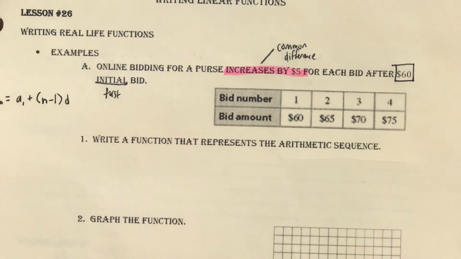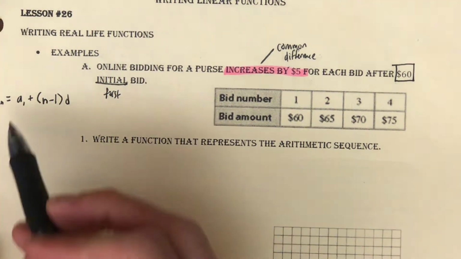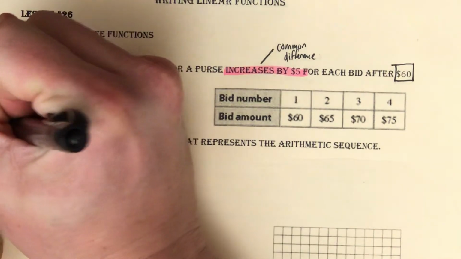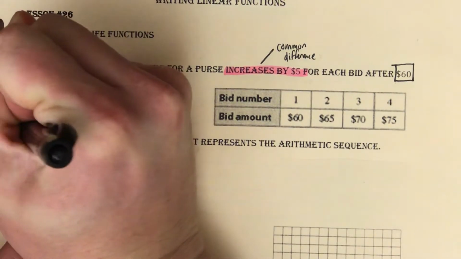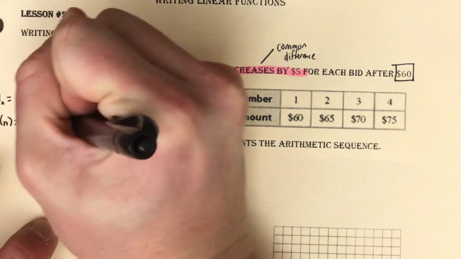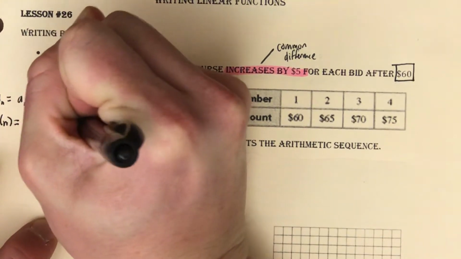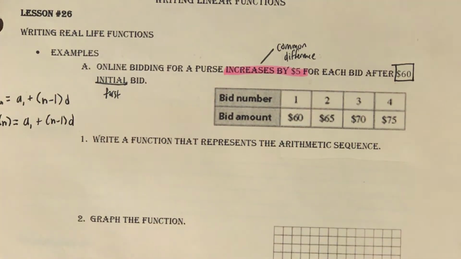We then made this connection that this is linear, so we could write a linear function of this. And so rather than have an a of n, we could write f of n, which is equal to a of 1 plus n minus 1 times d. And they meant the exact same thing.